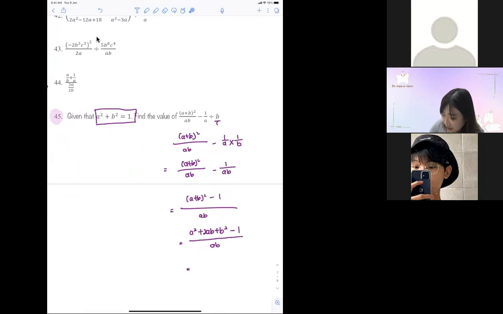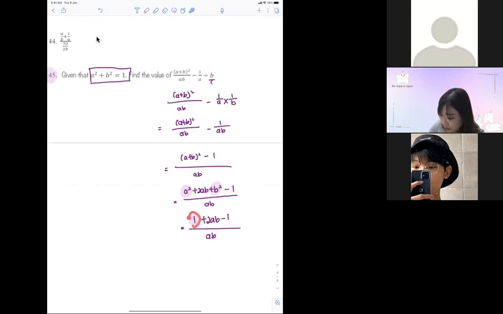Okay, then they say that a square plus b square is equals to 1. You change to 1. This one and this one add together is 1 plus 2ab minus 1 over ab. So 1 minus 1 no more. We left with 2ab over ab. And answer is 2.